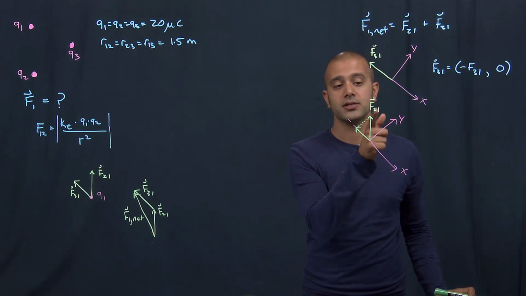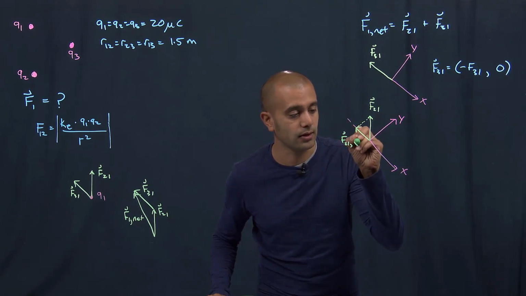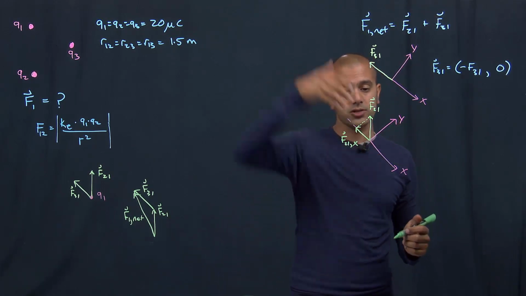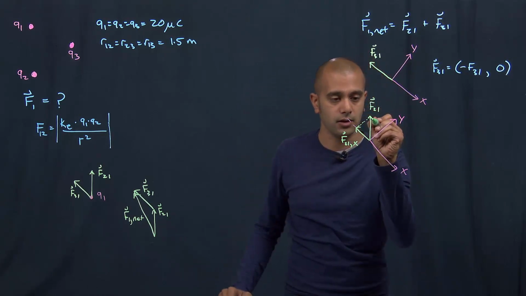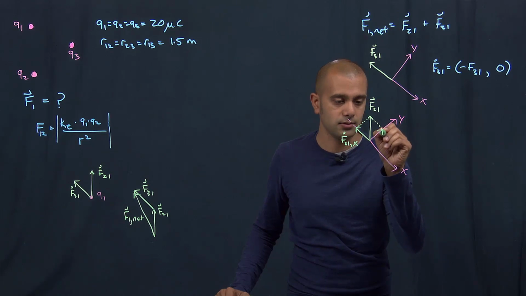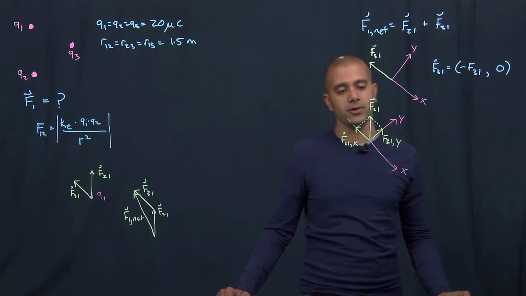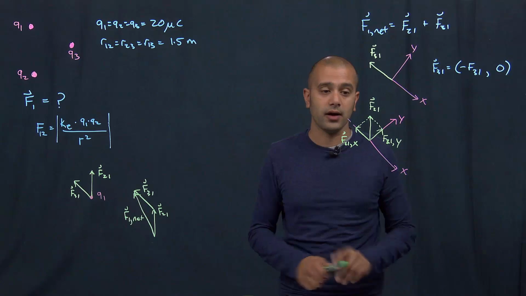In other words, the component of F21 in the x direction, which we call F21 comma x. Likewise, along the y direction, the light coming like this will make a shadow that's that length, which is F21 comma y.